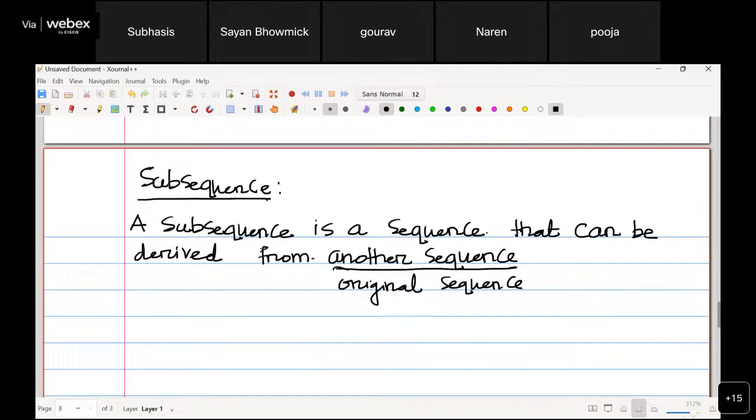Okay, a subsequence is a sequence that can be derived from the original sequence.